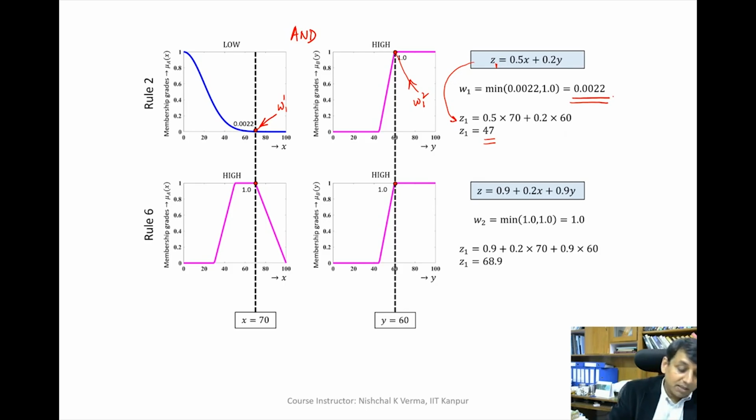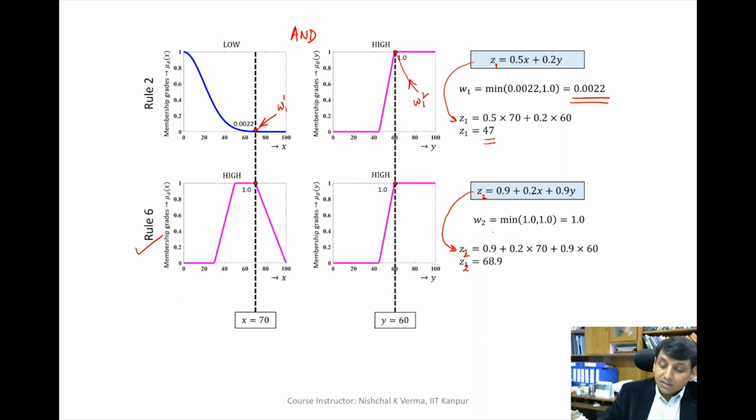Now similarly, when we apply rule 6 for the input x equal to 70, y equal to 60, we have Z2 like this. Z2 is already given, and when we use the values of x and y, we get Z2 computed like this, 68.9.